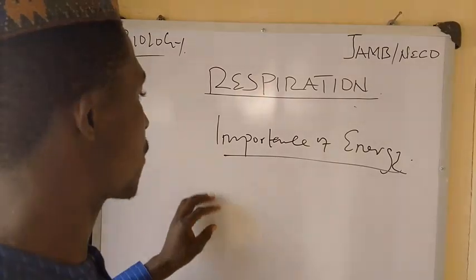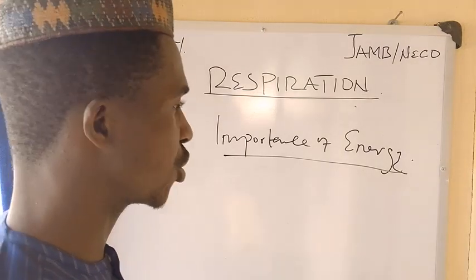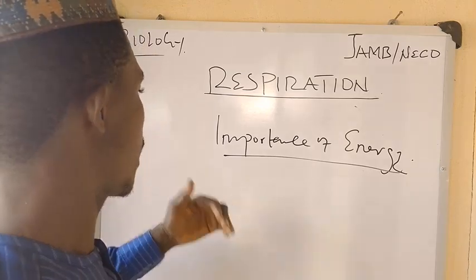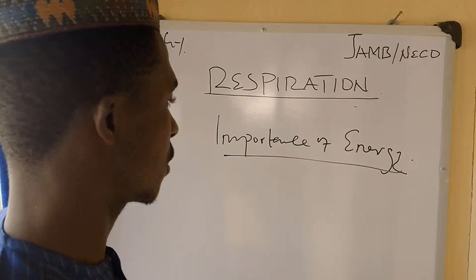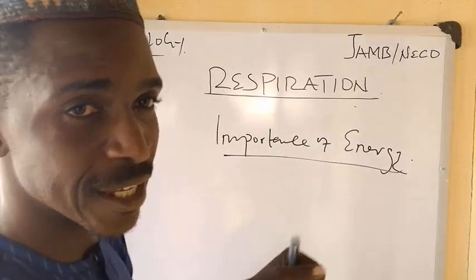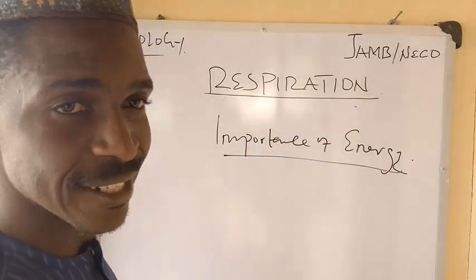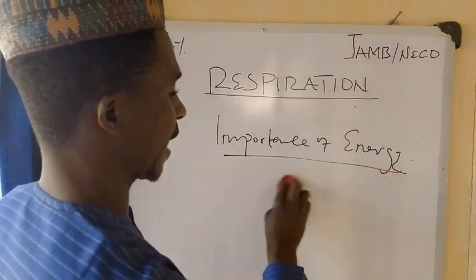We can talk about excretion. Energy is also used for excretion in living organisms. Energy can also be used in reproduction. For the sperm cells to fertilize an egg, they need to be energetic. If they are weak, they cannot fertilize an egg.